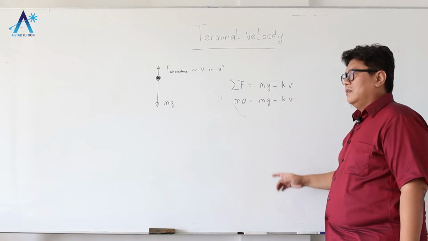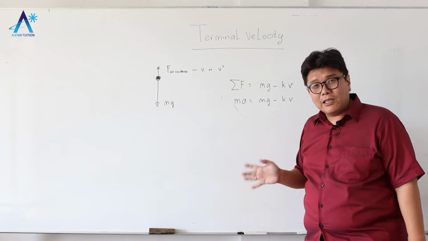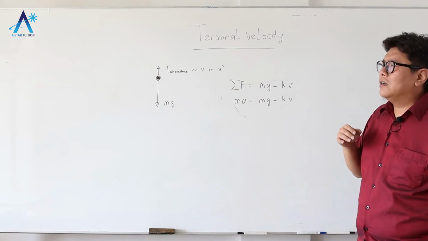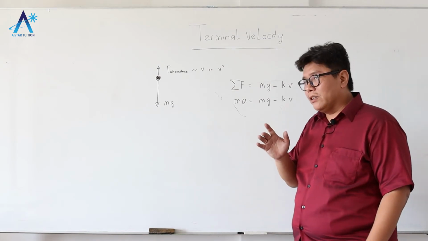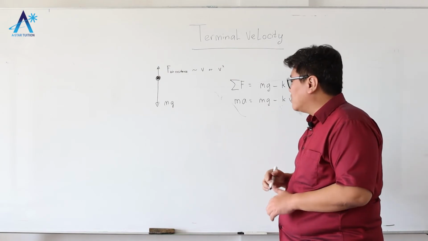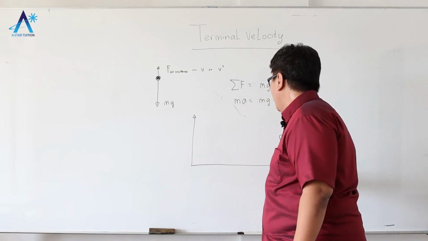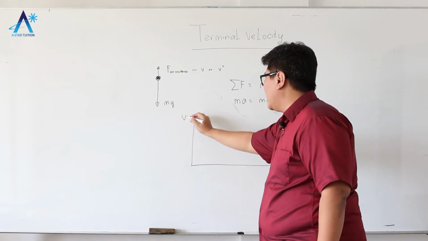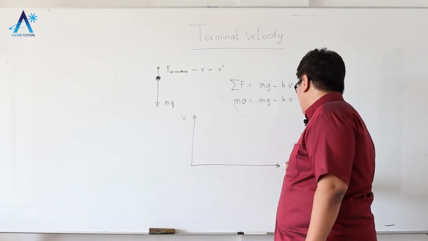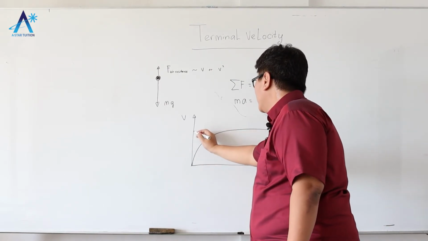But luckily, this is actually not difficult to solve if you understand calculus. So let me just quote you the result, rather than discussing the calculus itself. So what happens is that the velocity as a function of time will look like this.